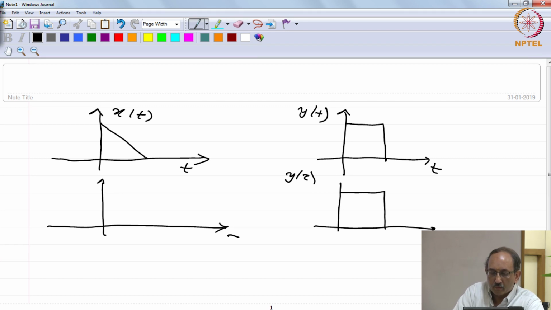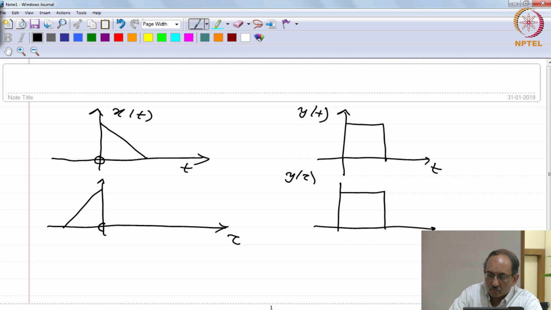So, again the independent variable becomes tau. I flip it. The point you have to keep in mind is the point of reference is always the origin of the signal that you are going to flip and shift.